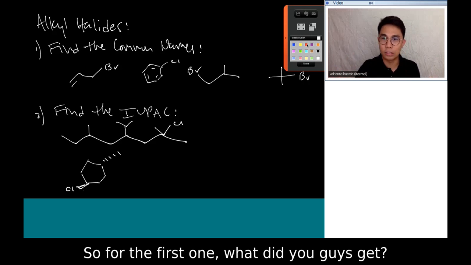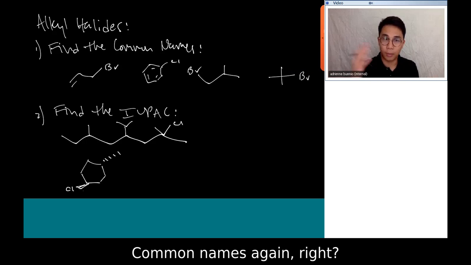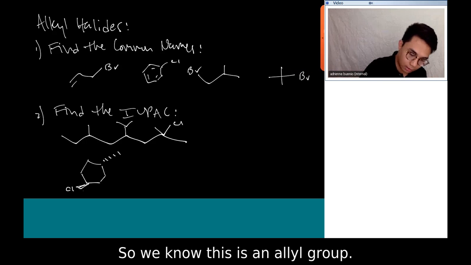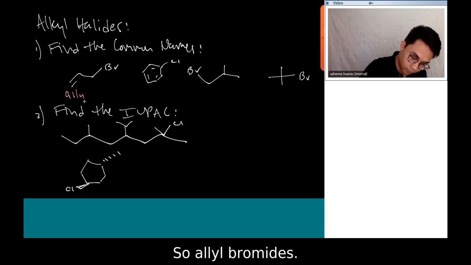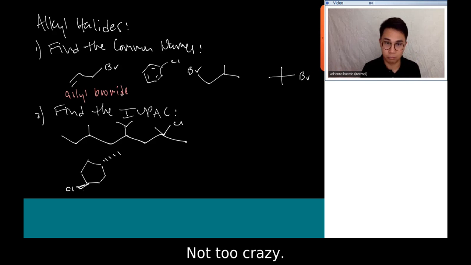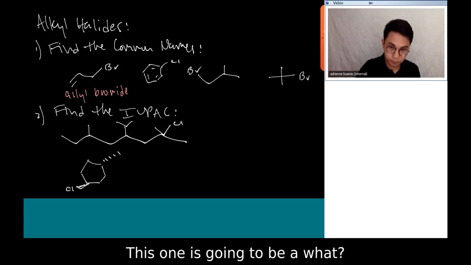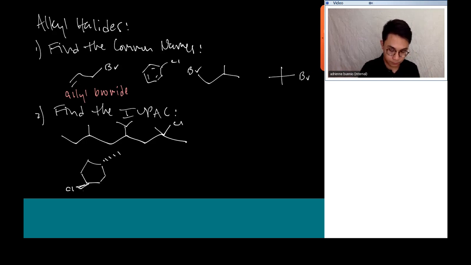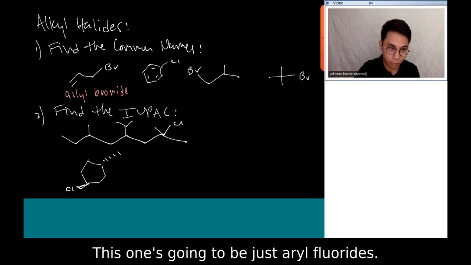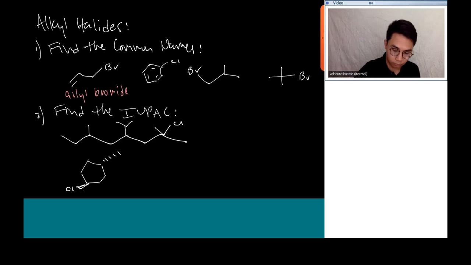Okay, so for the first one, what do you guys get? Common names again, right? So we know this is an allyl group, so allyl bromide. Not too crazy. This one is going to be a what? Right, this one's going to be just aryl chloride.